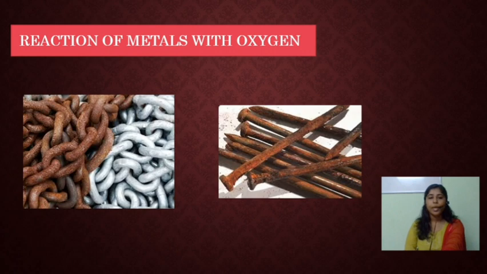You are very familiar with these pictures in your daily life, isn't it? You are very familiar with the rusting of iron. Can you tell how this rusting of iron happens?